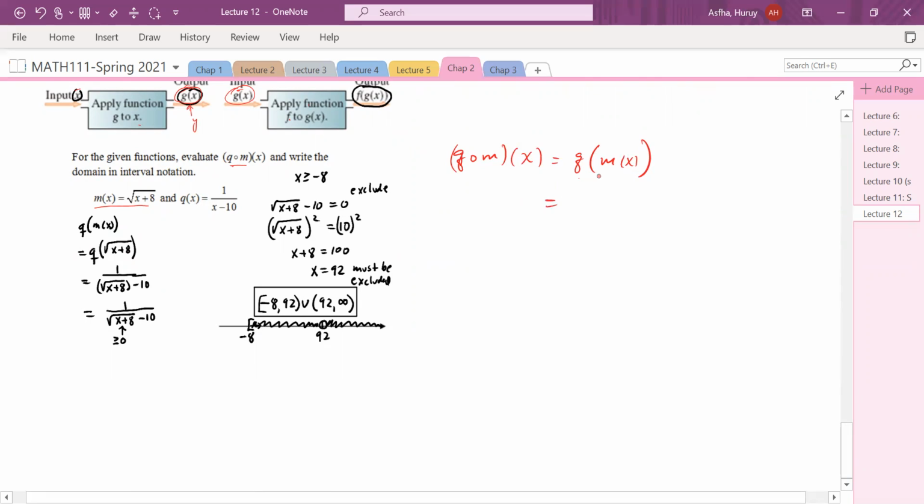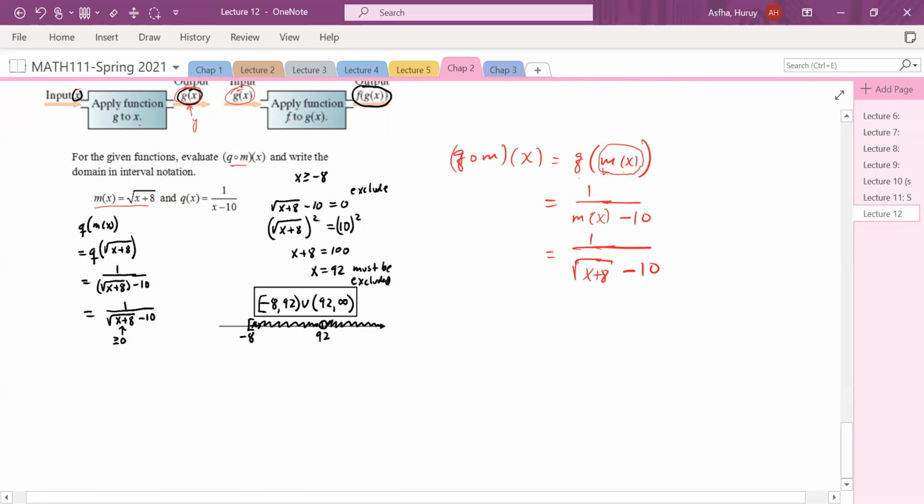Now, q of m of x means evaluate q at x equals m. We have q as 1 over, and instead of x, I will replace it by m of x, minus 10. And m of x is the square root of x plus 8, minus 10. Therefore, this is the composition of q and m.